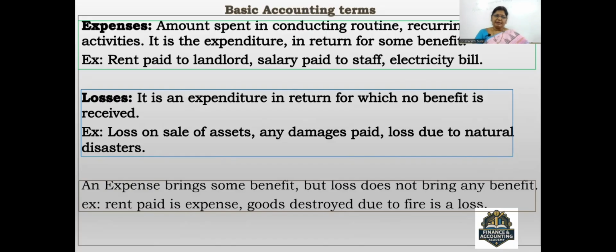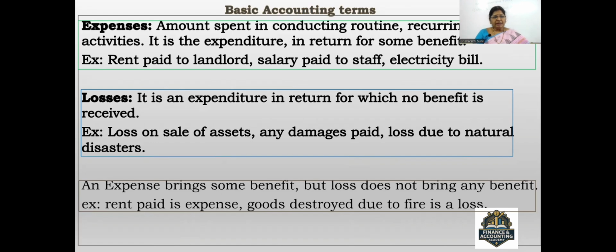If there is any loss on sale of assets, or because of any reason we have to pay damages to our customers or suppliers who are the parties we are dealing with, or any loss due to natural disasters, like because of floods, whatever material we stored in the godown got spoiled, right?